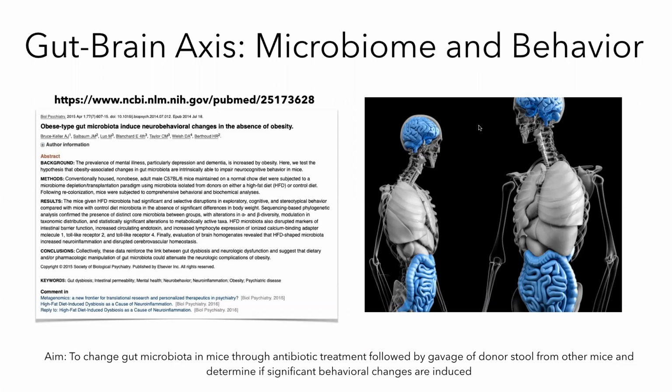So this phylogenetic analysis that we'll look at today will help us identify some distinct microbiota that is differential between groups, and how that affects things like alpha and beta diversity, taxonomic distribution, and also metabolically active taxa, right?